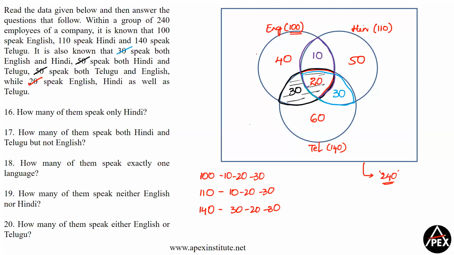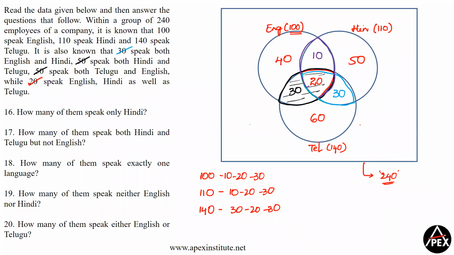So how many employees speak at least one of these three languages? Can someone tell me that? How many employees speak at least one among three? At least one, guys.